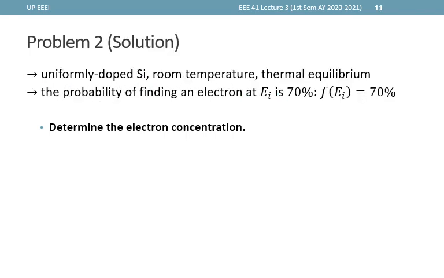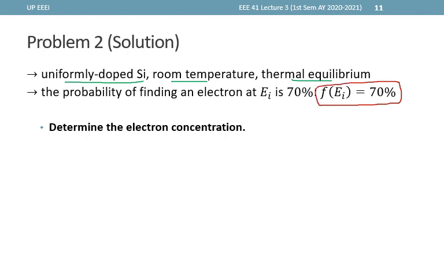So again, we summarize first the information from the given. We have a uniformly doped silicon, room temperature, thermal equilibrium, and the statement that the probability of finding an electron at EI is 70%, which we translate here as F of EI is equal to 70%.